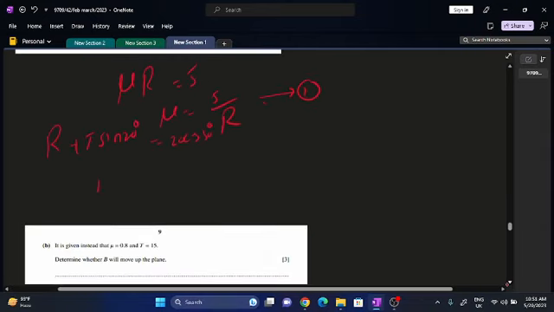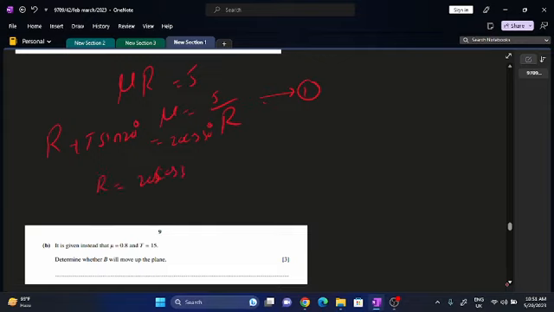So R would be 20 cos of 30 degrees minus T sine of 20 degrees, and T was calculated in part A as 18.52. Do the calculation and R comes to 10.986.